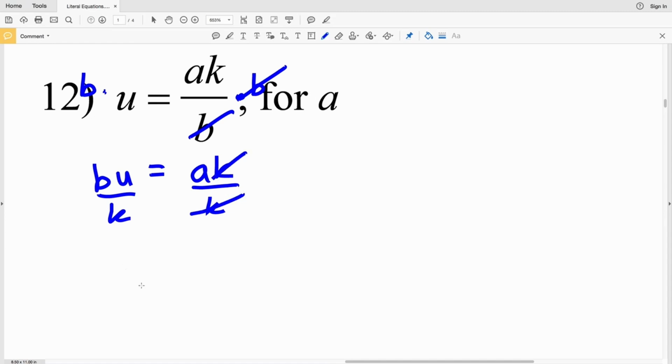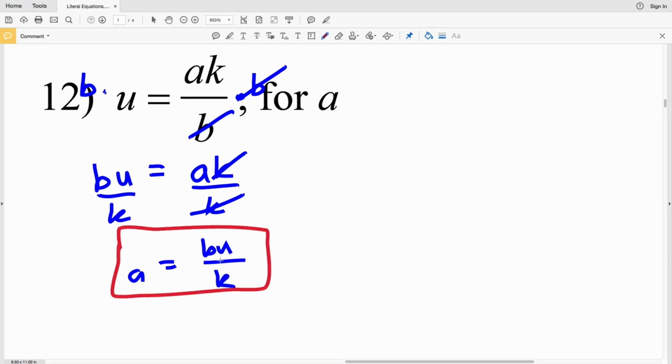However, we're going to flip this around so that a is on the left side of the equation, so it's going to be a equal to bu divided by k. And remember, the order in which you multiply doesn't matter, so you can say b times u, or you can say u times b. They're both the same.